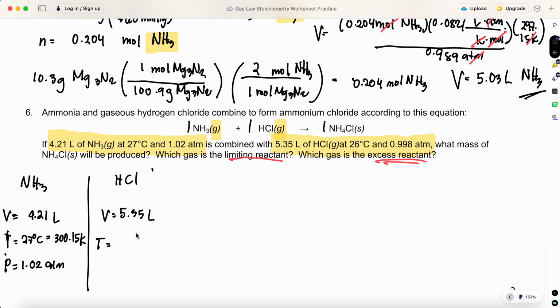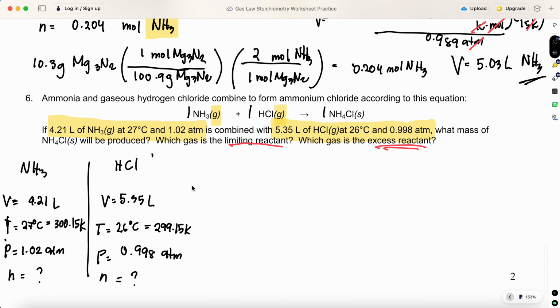The temperature is 26 degrees Celsius or 299.15 Kelvin. And the pressure is 0.998 ATM. What we should do next is solve for their moles separately, and then we will decide which is the limiting reactant, or which gas, these both are gases, which gas is the limiting or the excess reactant.